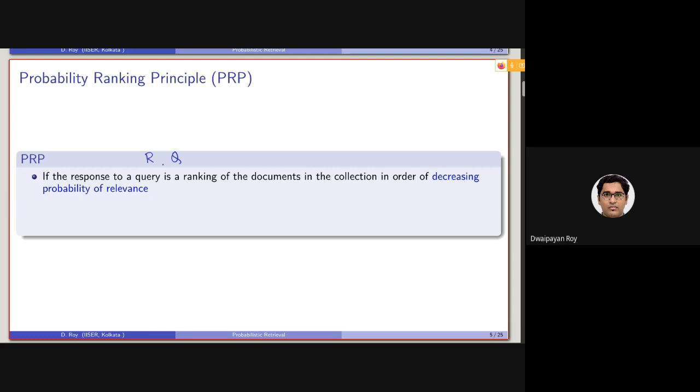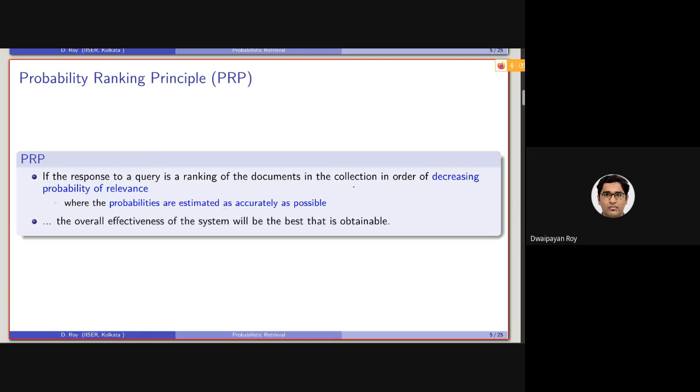So if a query is submitted to a retrieval model R, and the model produces an output which is a set of documents in decreasing order of probability, where these probabilities are estimated as accurately as possible based on the data that we have, then the overall effectiveness of the system will be the best.